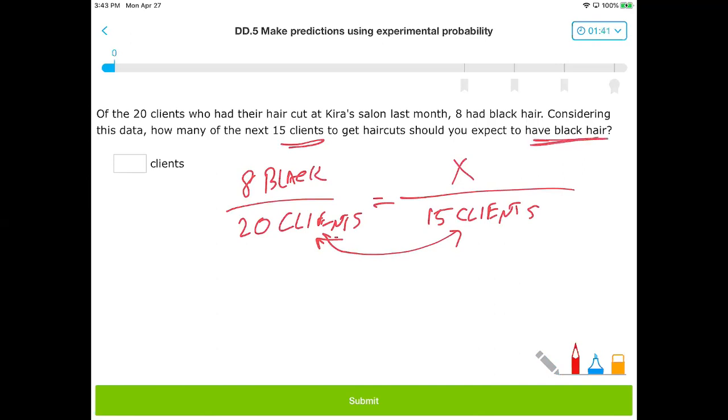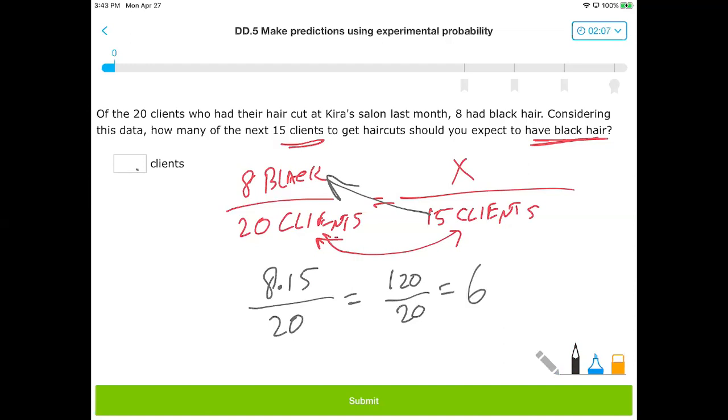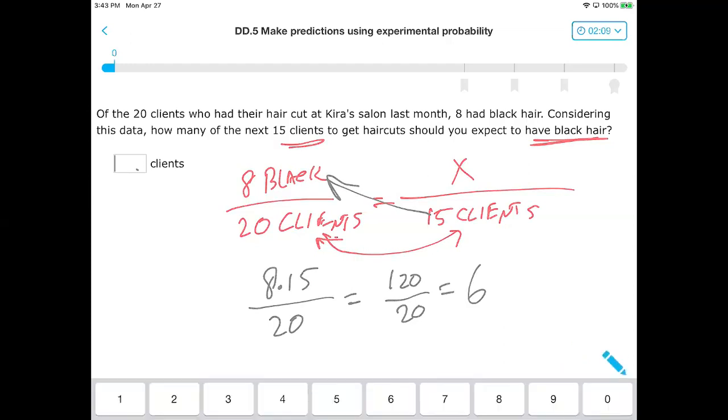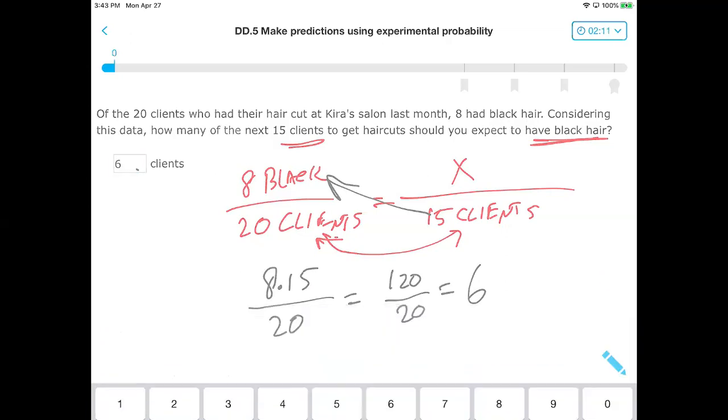That's what we're trying to answer, so we make that X. So all we're going to do is what we've been doing, cross multiply: 8 times 15 over 20. 8 times 15 is 120, divided by 20, which is 6. So the answer for this one is 6 clients.